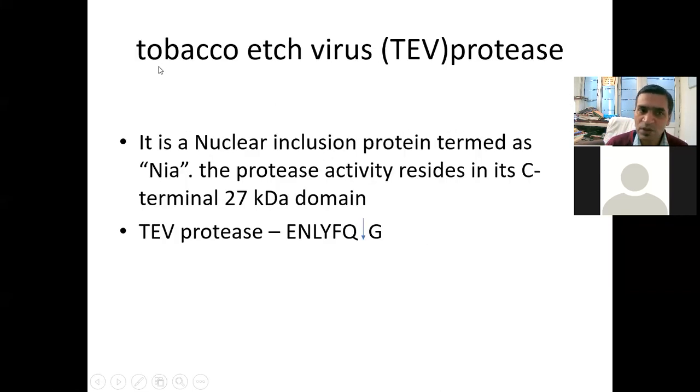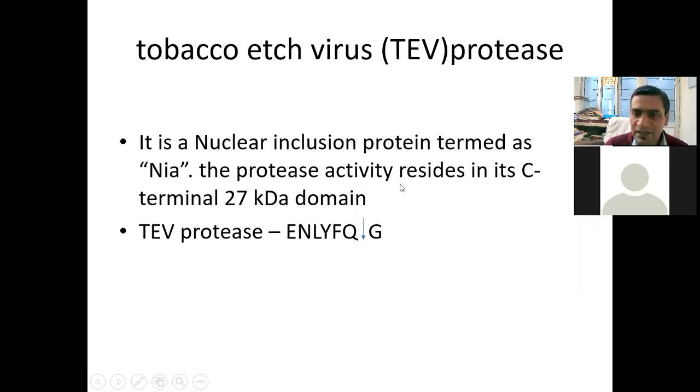Another enzyme that you read in the previous slide is the tobacco etch virus TEV protease. Actually this TEV protease is an inclusion protein found in this tobacco etch virus. It is also called nuclear inclusion protein, termed NIa, where 'a' is a subscript to designate that protein.